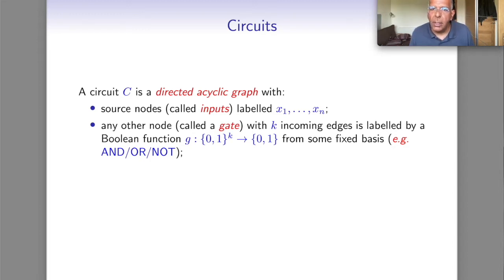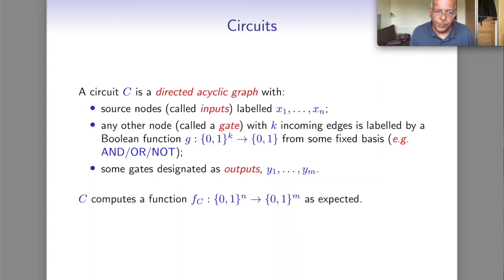For example, the basis of Boolean functions AND, OR, and NOT, the classic basis of Boolean functions. But note here, AND and OR are arbitrary fan-in, so they can take any fixed number k of inputs. Some gates are designated as outputs, y1 through ym, and typically these will have no outgoing edges.